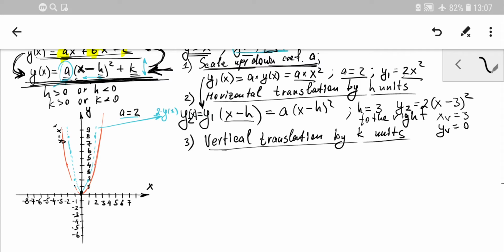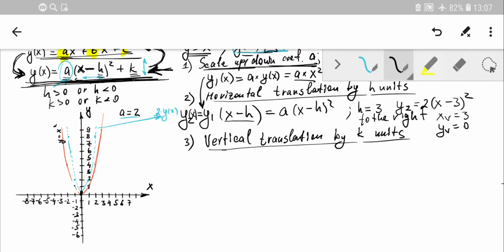Because no vertical transformation has been done, right? So that's why we have a shift by 3 units to the right. And that's how the algebraic equation will look after this horizontal transformation by h units was applied.